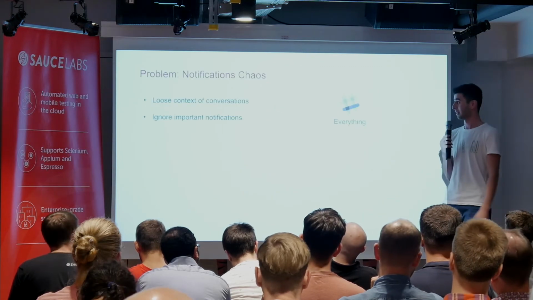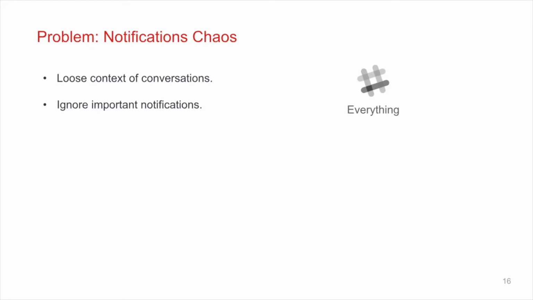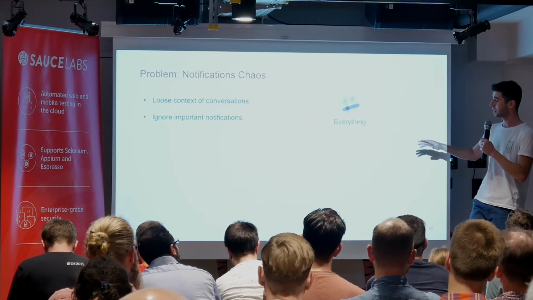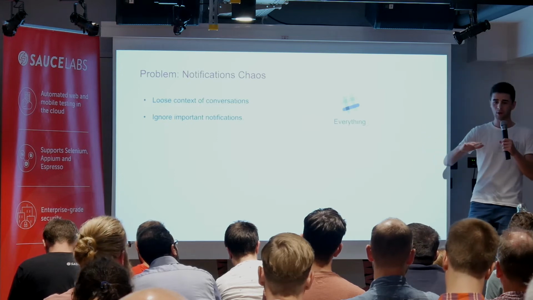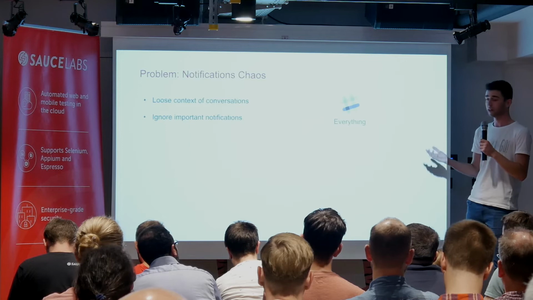But we made a mistake. We posted everything in one Slack channel. And that was a big problem because we lost the context of our conversations. We were talking about something and we got many automated messages from Jenkins, and we ended up ignoring all the messages, and some of them were actually very important.